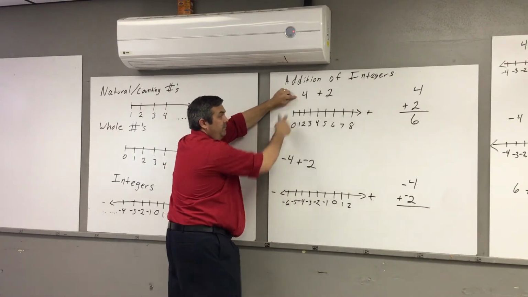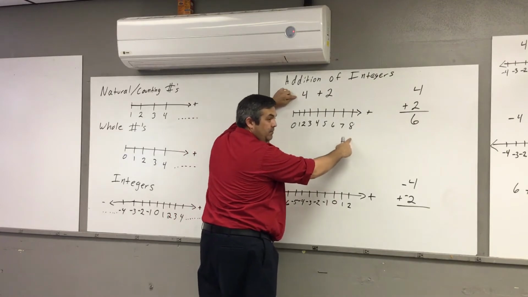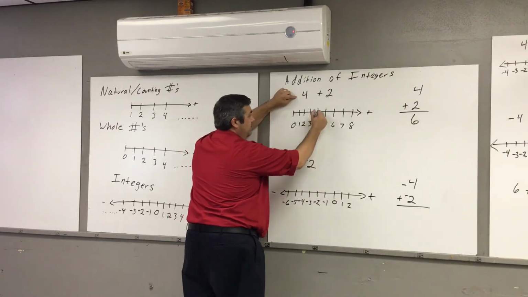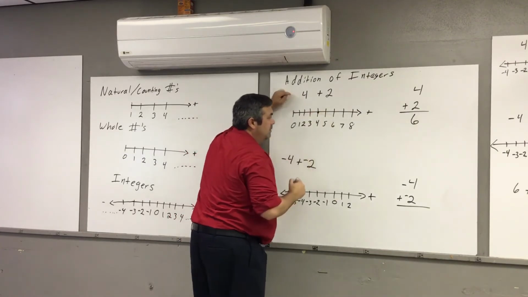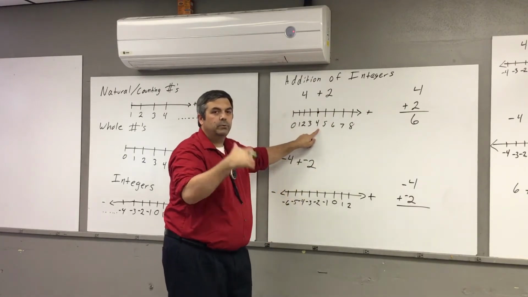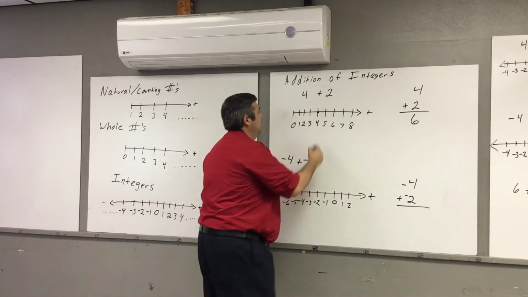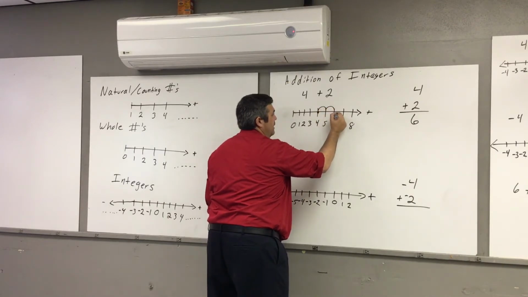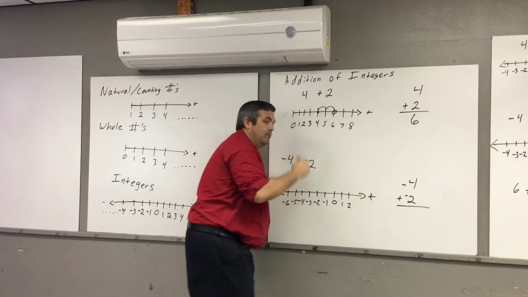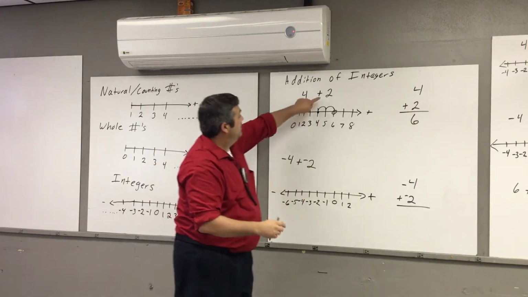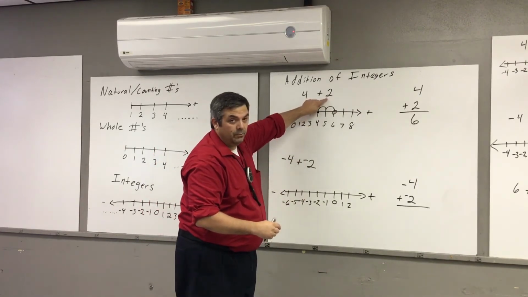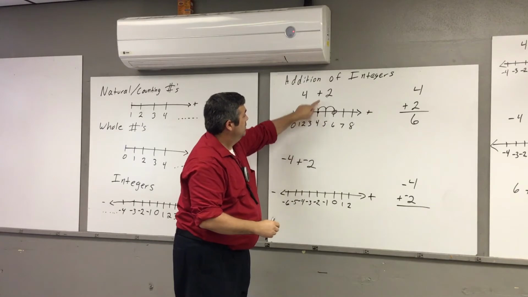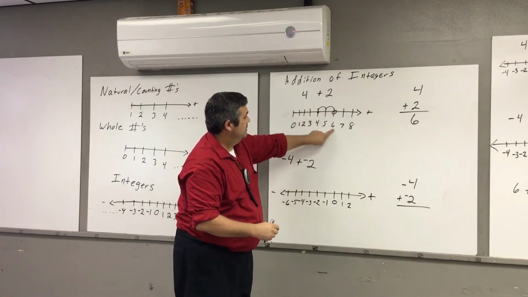This is positive, therefore I'm on the right side of the number line. So I'm right here at 4. But I want to add 2 to that. So 4 plus 2, I'm going to go to the right 2, and I get to 6. Now I went to the right because this is a positive 2. So 4 plus 2 gets me to 6.